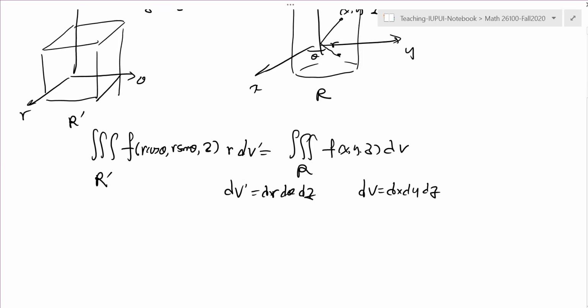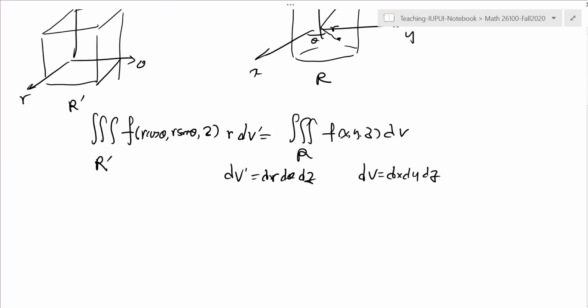Here you start with an even more general transformation. How do we get this r? In general, dV is going to be the determinant of this matrix of partial derivatives of x, y, z with respect to r, theta, z, times dV prime.